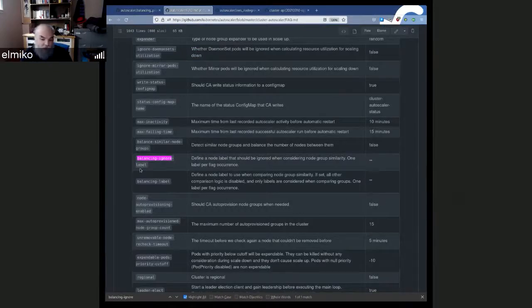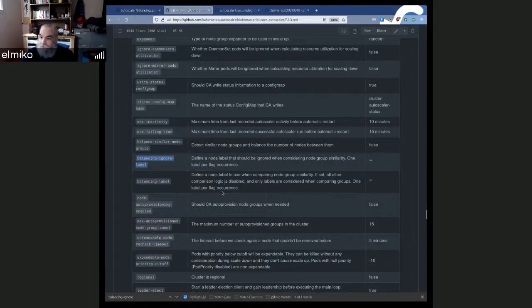So if you have a situation where you have users who are customizing the labels on their node groups, maybe they have some special information that they want to keep, or there's some reason to demarcate two node groups as different from each other, but you want to make them the same in terms of balancing, you can use this flag multiple times when starting the cluster autoscaler to give it different labels that it should specifically ignore. So even if the labels aren't being automatically ignored by the node group set processors, you could still inject labels that you would like them to ignore.